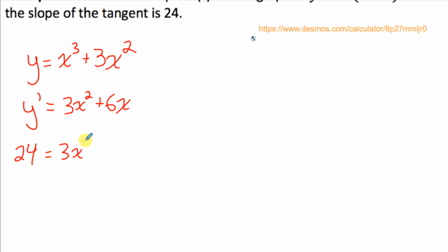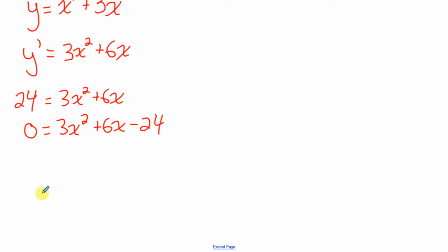24 equals 3x squared plus 6x. This is a quadratic to solve, so I will set it to 0 to solve. 3x squared plus 6x minus 24. Now I can solve this by factoring or quadratic formula. Factoring is definitely going to be quicker, especially if I take out a common factor first. So divide each of the terms by 3.